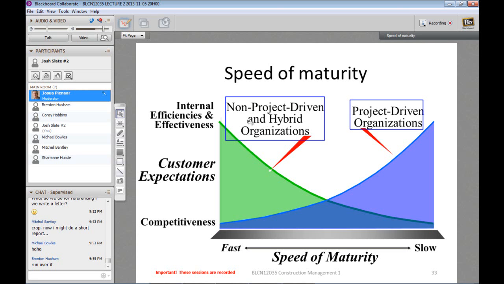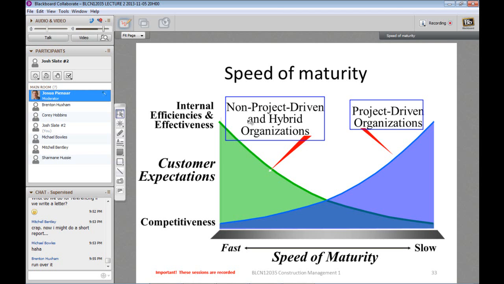Project-driven organizations, different kettle of fish, and we'll start looking at the different organizational structures, and then we'll think about what's the best one for a project-driven organization and what's the best one, let's say, for a non-project driven organization.